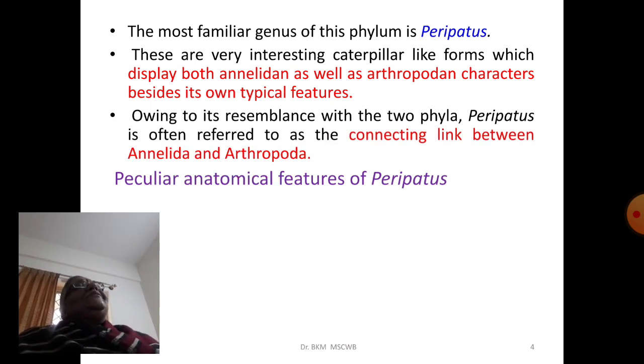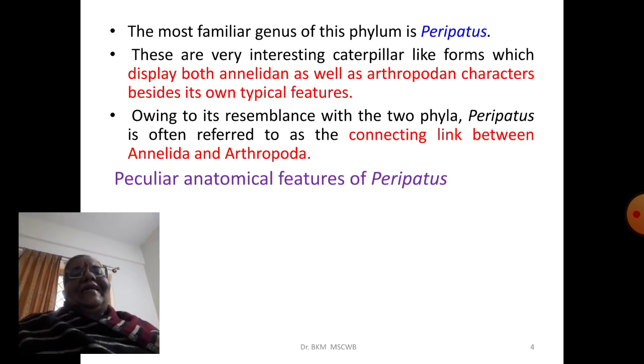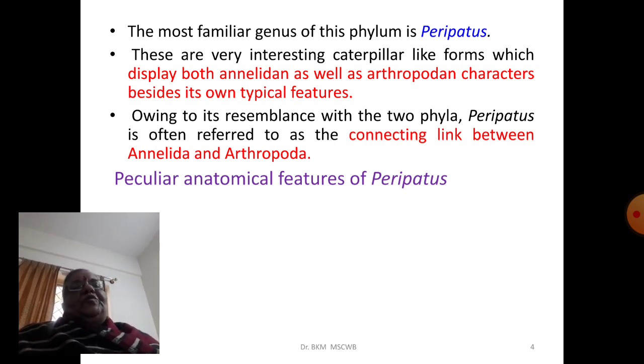So, owing to its resemblance to these two phyla, Annelida and Arthropoda, Peripatus is often regarded as a connecting link between the phylum Annelida and Arthropoda.